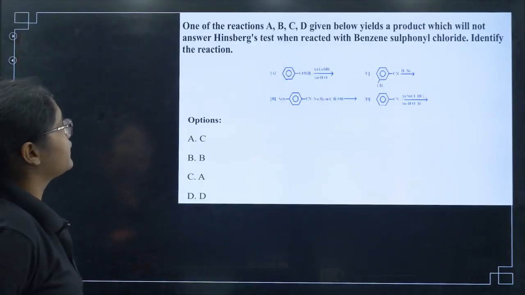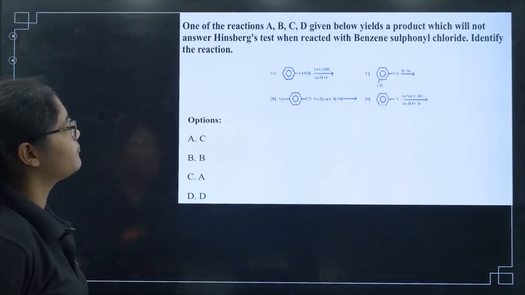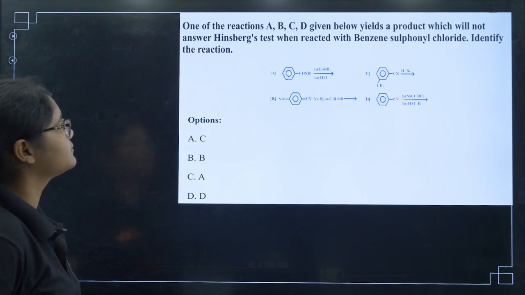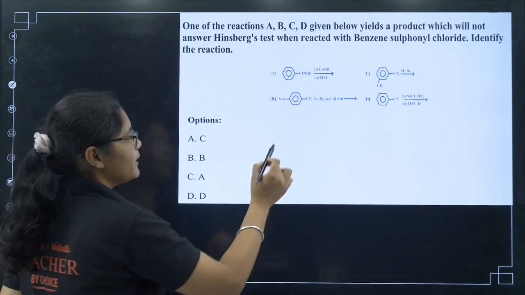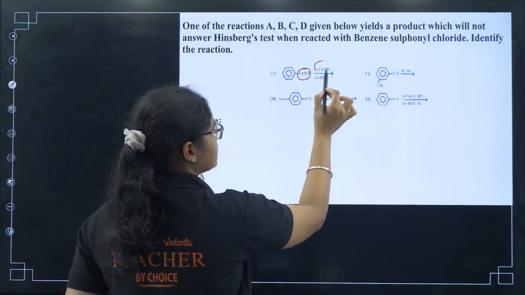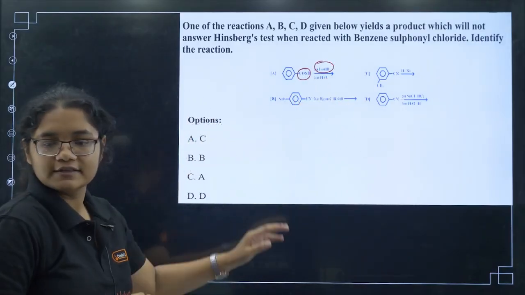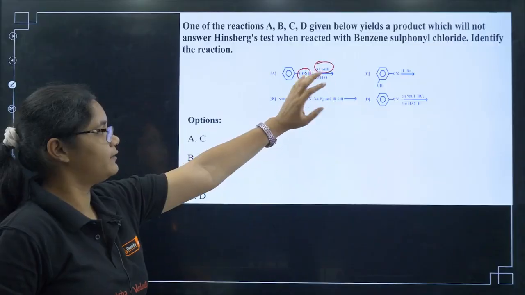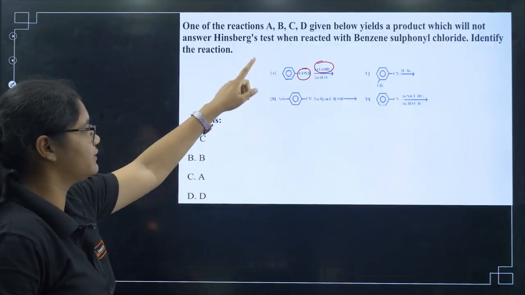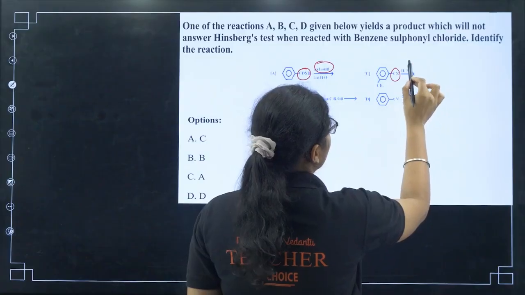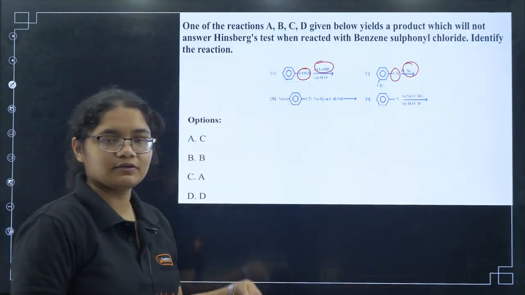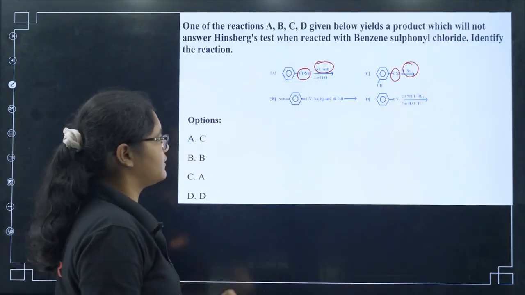Next, which one of the following gives a good yield of a product which will not answer the Hinsberg reagent test when reacted with benzene sulfonyl chloride? So you might not be able to see, but this is CONH2 with lithium aluminium hydride, that will give me a primary amine. So it will give the Hinsberg test. Here I have CN with H2, that will also get reduced to CH2NH2, that is also there.